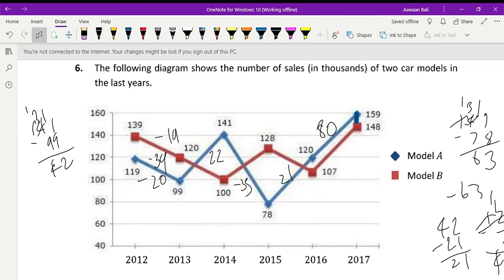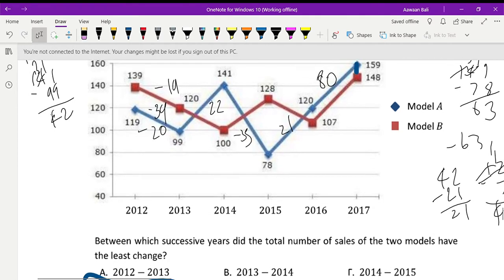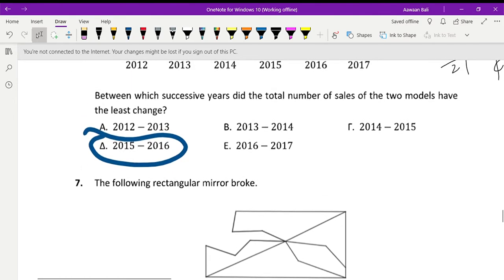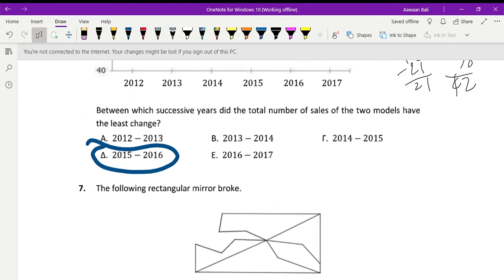Here 2015 to 2016, because after 22 there's 21, and then it goes directly into smaller negative numbers, which means you can say 2015 to 2016 delta is the answer.